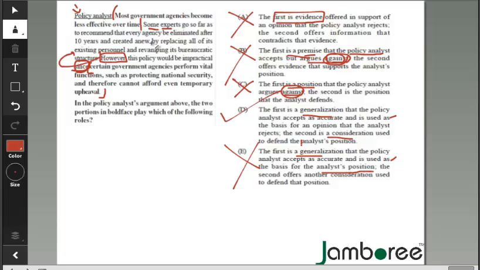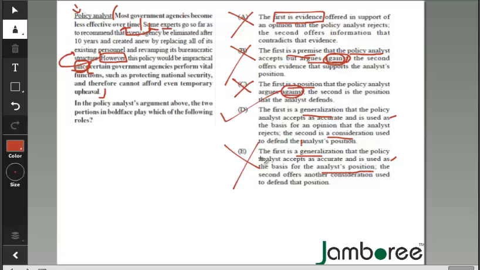Which is true, the analyst rejects this opinion that some experts recommend. Now this opinion is based on this thing, so that's why it is complicated. If you read it, it's a generalization that the analyst accepts as true. Based on this, the other experts have the opinion that everything should be replaced within 10 years, and the analyst rejects it, right?